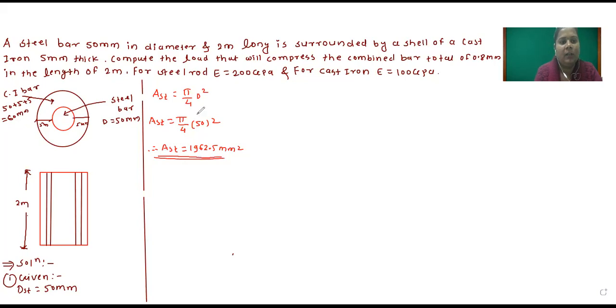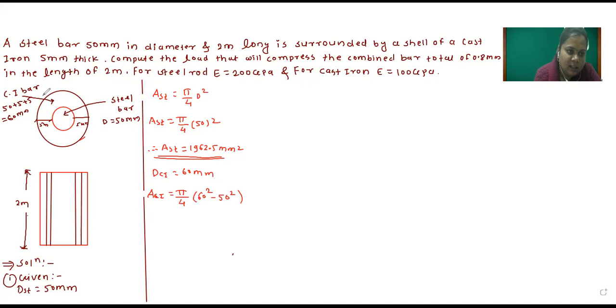Then next we will calculate the area of cast iron. Okay. So the diameter of cast iron is equal to 60 mm. But you observe here, this is a 60 mm circle, but in that, a 50 mm steel rod is already there. So the area of cast iron is equal to pi by 4 into 60 square minus 50 square.